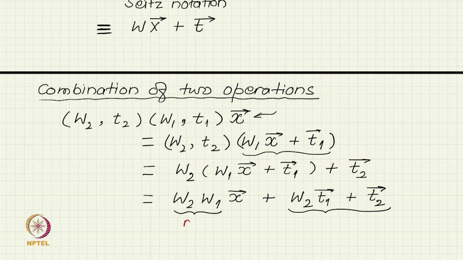So, this is the net rotation part, or the matrix part, you can say. So, this is now the resulting matrix part and this is the resulting column part.